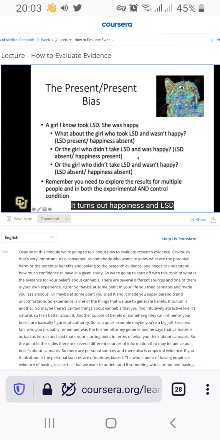Turns out happiness and LSD are not necessarily linked together. Or the girl who didn't take LSD and wasn't happy. So all these different possibilities exist. And remember that you need to explore the results from multiple people in both the experimental and control condition. And that's how you know it's not a present bias.